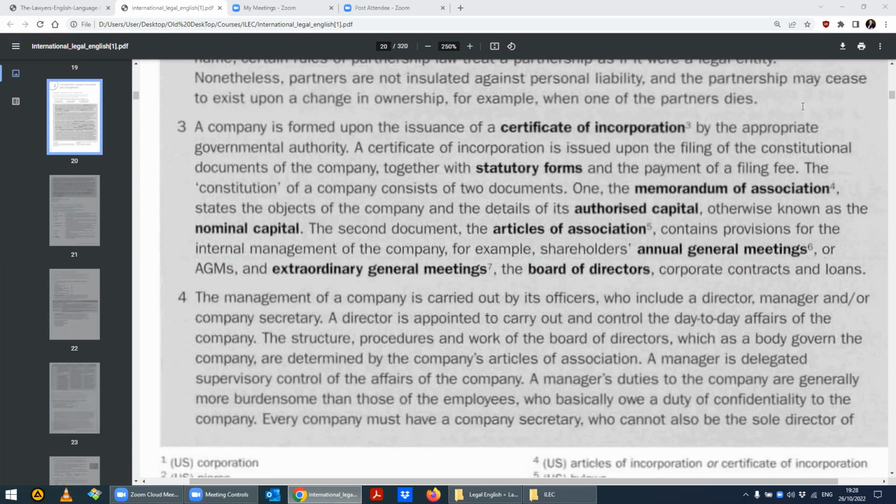The Memorandum of Association sets out the general principles of the company. For example, this company is going to build aeroplanes. That's our objective. It also states the number of shares which the company authorizes itself to sell in order to raise money to go into business.